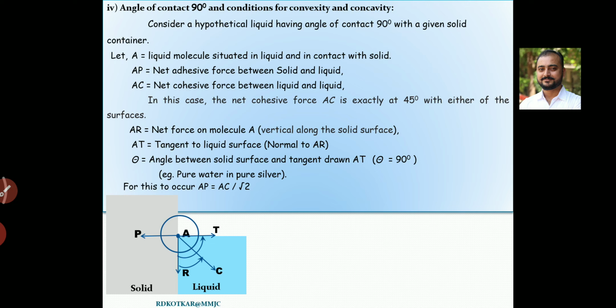So in this case, the relation between the cohesive force and adhesive force in this condition should be AP is equal to AC divided by root 2. What you observe here, the force AP represents the adhesive force between the solid and liquid, and AC represents the cohesive force.